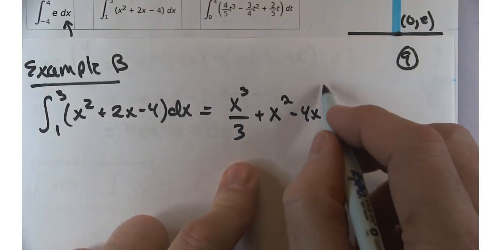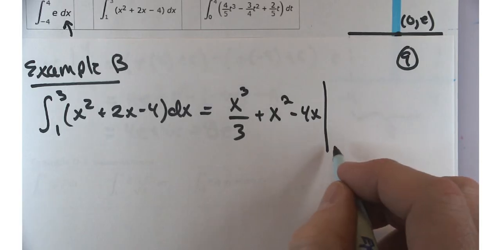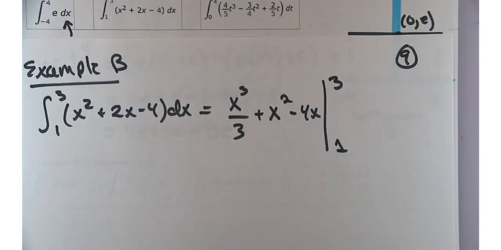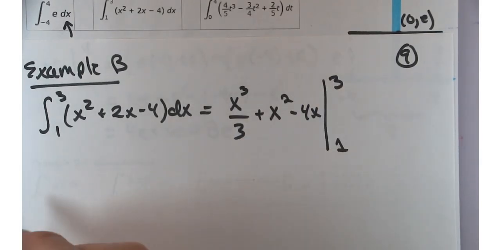Now, let's do ourselves a little favor. Draw a little vertical line here, and I'll put a 1 and a 3. I've got to evaluate this function at these endpoints and subtract them to get the difference. So let's take a look at that.